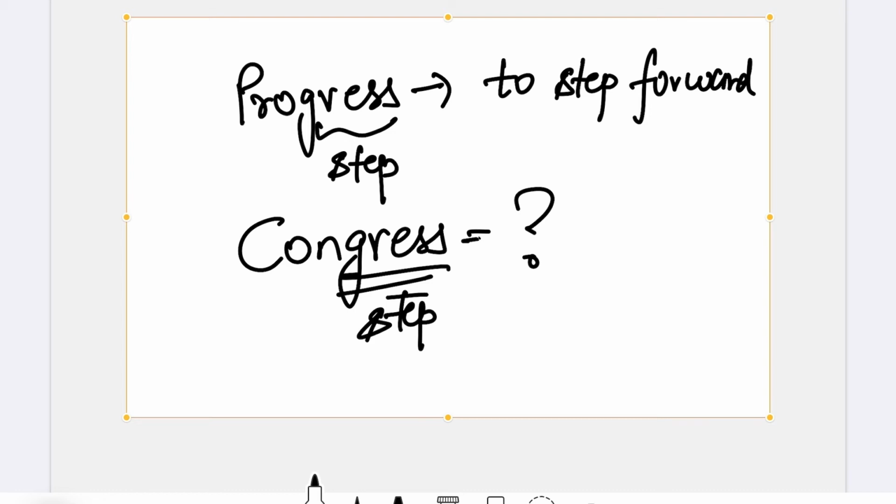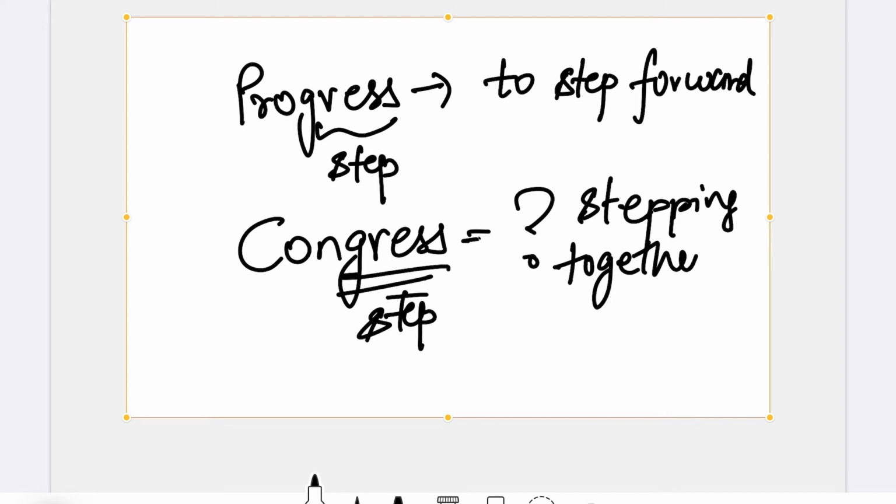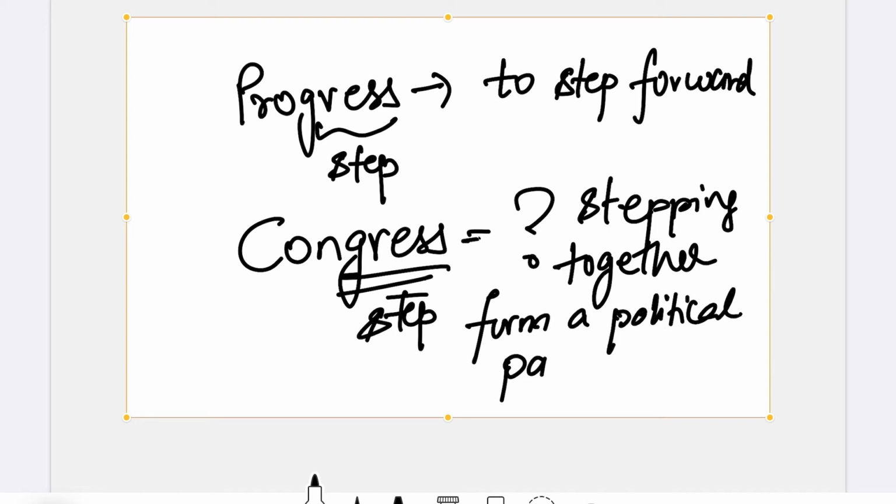Okay? Stepping together, form a party, political party. For what? To run a nation. That's what Congress is all about.